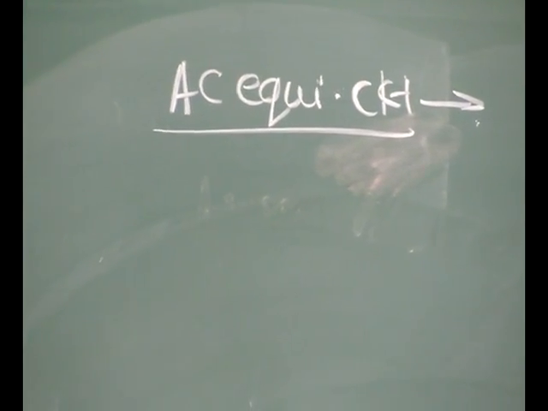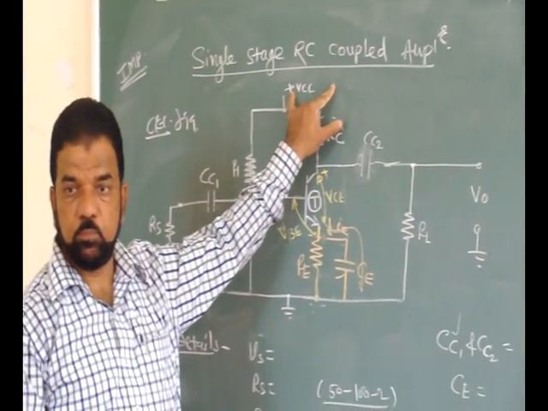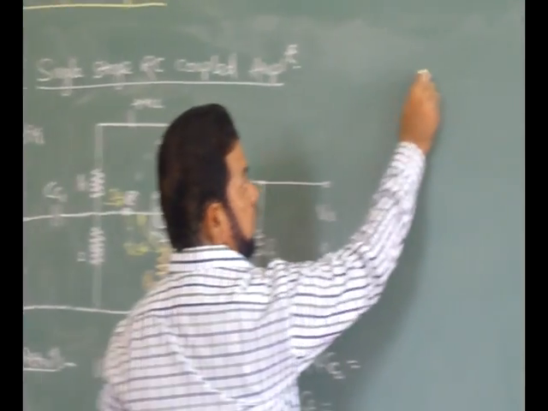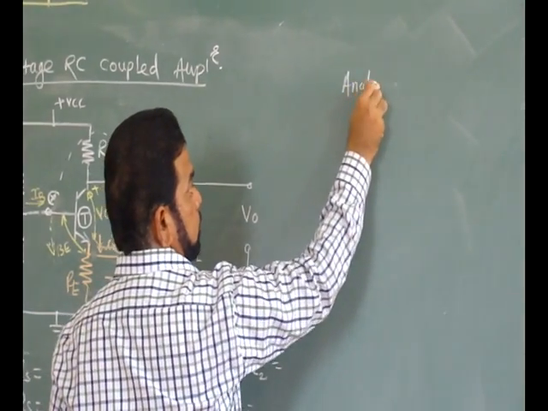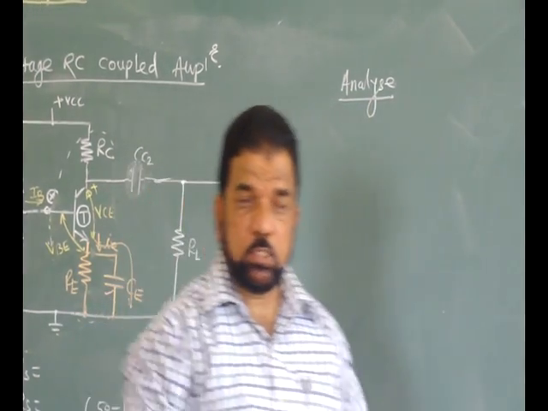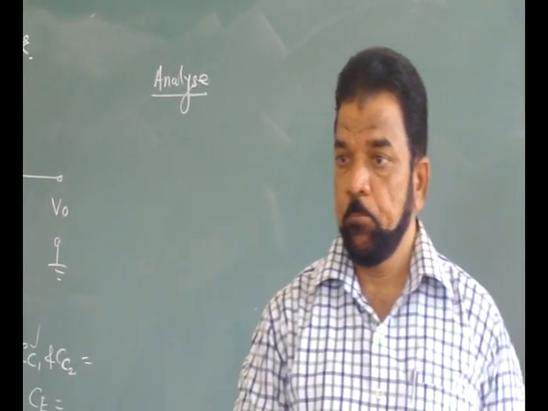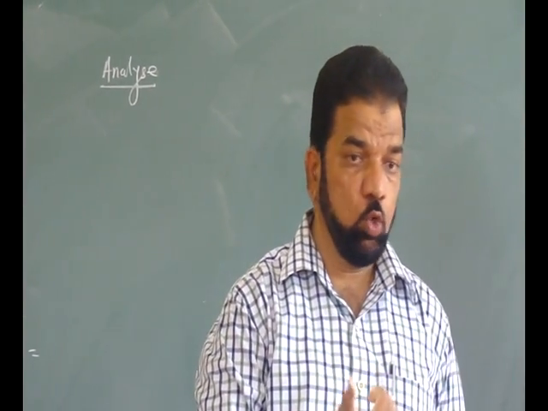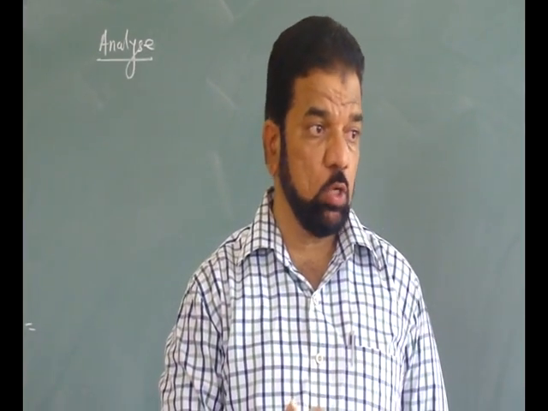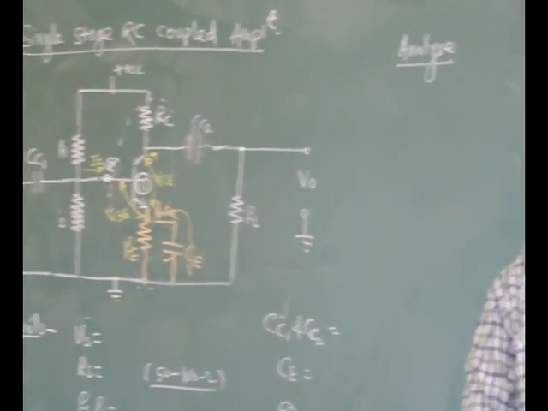Now if the question is analyze single stage RC coupled amplifier, see, the very important term used is analysis. Analysis stands for calculation of different values. Like I have to calculate voltage gain, input and output impedances or resistances, the bandwidth and so on.